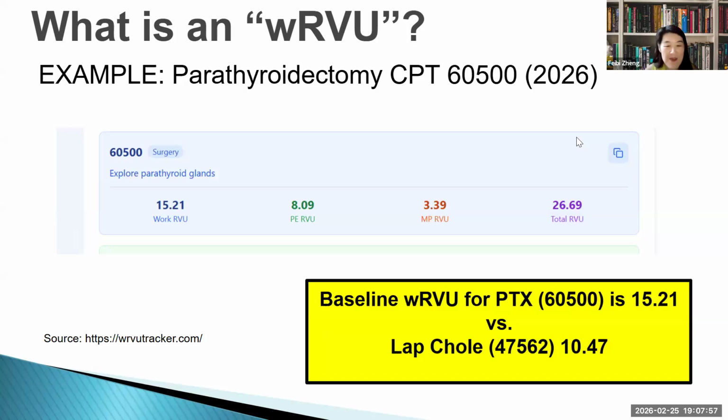One additional caveat for 2026 is that sometimes on these calculator tools, you will see a QP number and a non-QP number, and that has to do with whether your facility or your hospital practice group is participating in an accountable care organization for value-based purchasing. If you are in one of those, you actually get some extra work RVUs, or rather conversely, if you're not participating, you get fewer work RVUs.